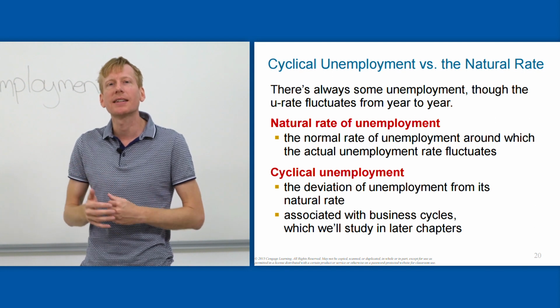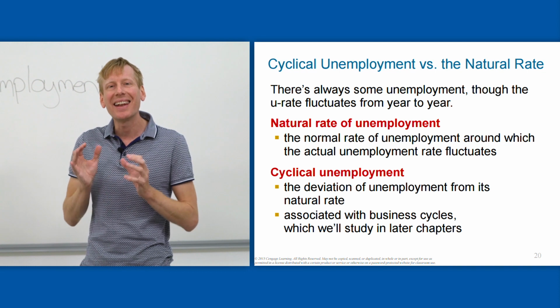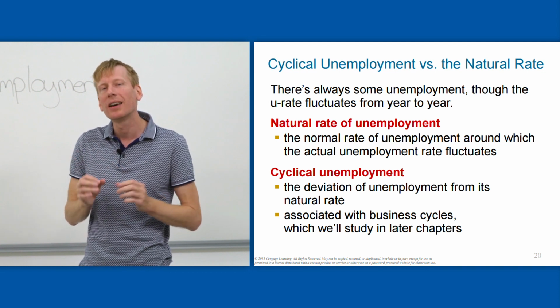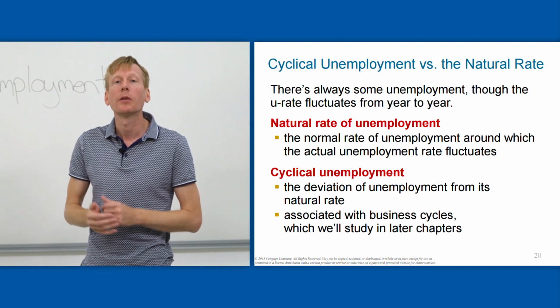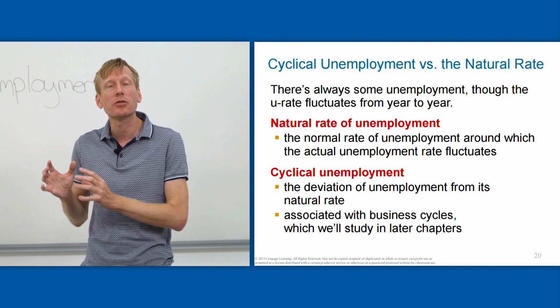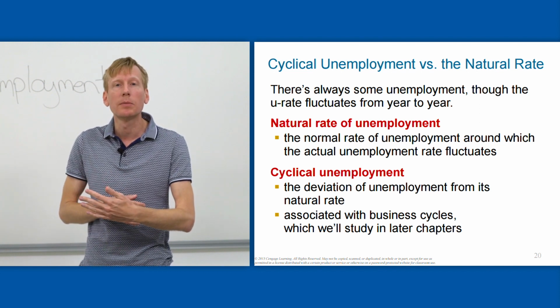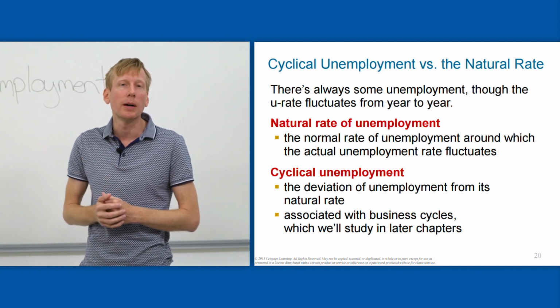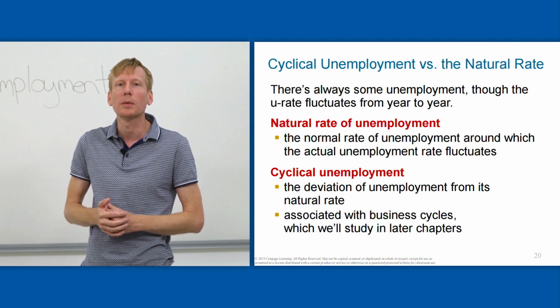So if the United States economy on average grows 2% a year, the natural rate of unemployment is the rate of unemployment we would expect when the economy is growing at 2% a year. Now, different countries have different natural rates of unemployment that we can observe by looking at labor statistics over long periods of time. We can talk later about what the reasons for those differences in natural rates of unemployment might be.